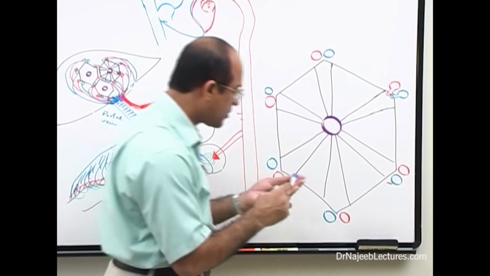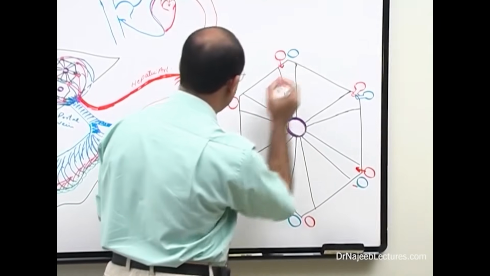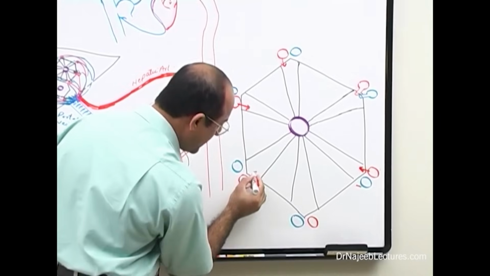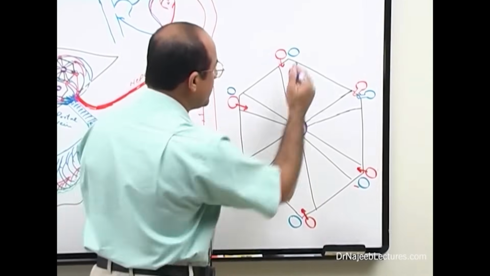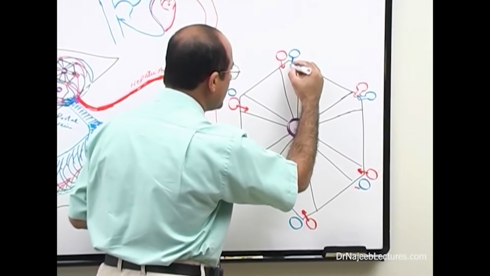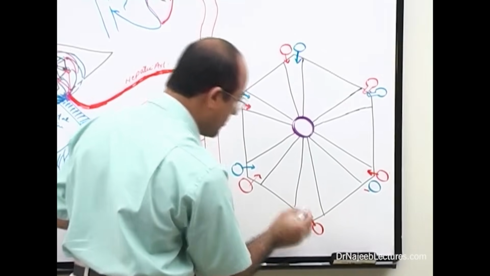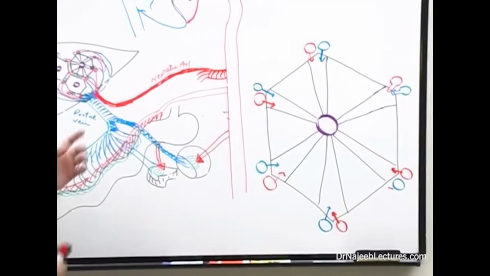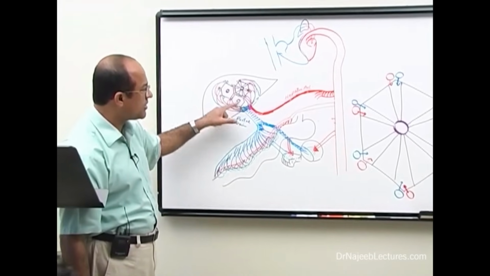Is that right? So hepatic arterial blood is coming to every sinusoid, as well as portal blood is also coming to every sinusoid.